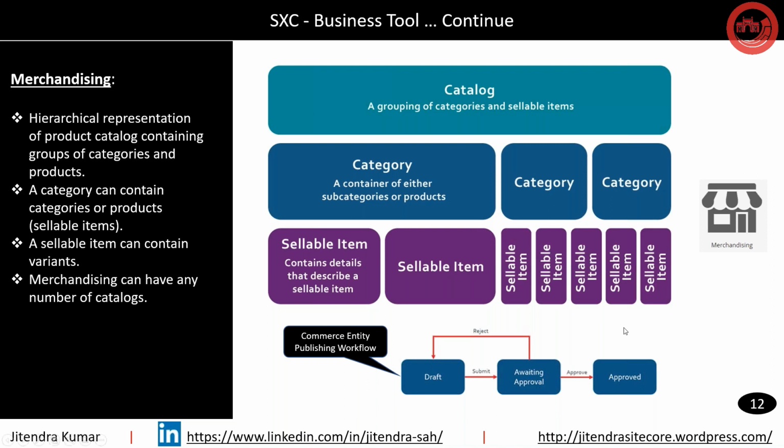The catalog also has an out-of-the-box workflow system. First it is a draft, then you submit it, and it goes for approval. Once it gets approved, it can be published. Until it is approved, the storefront will not show it. Once approved, you have to publish your catalog.